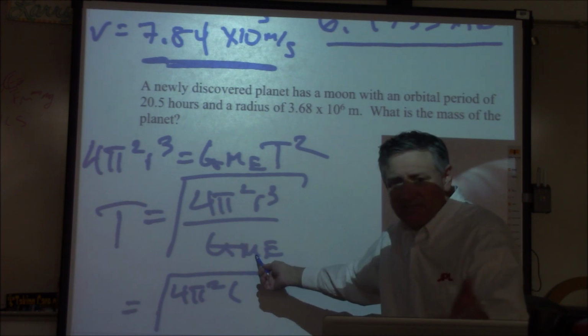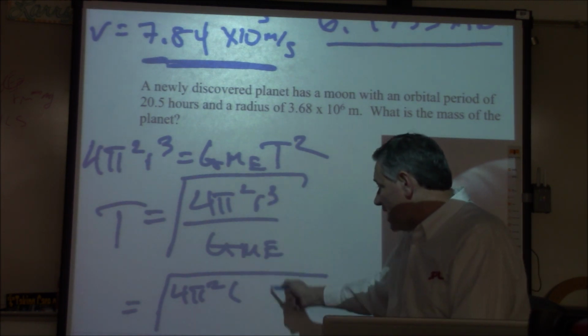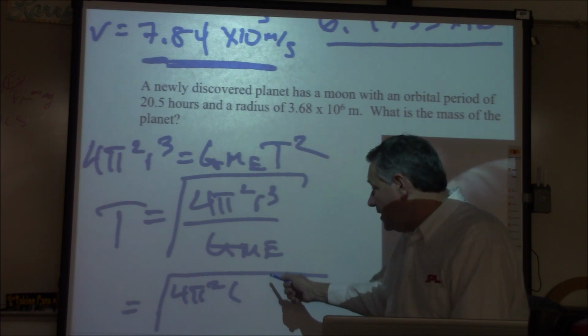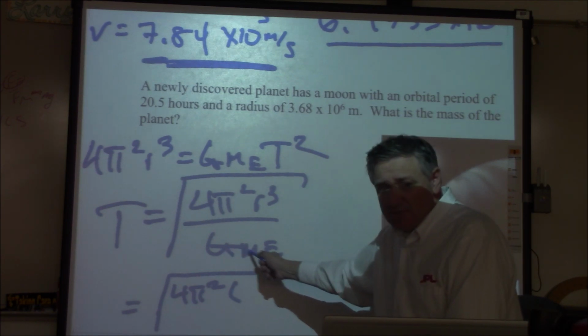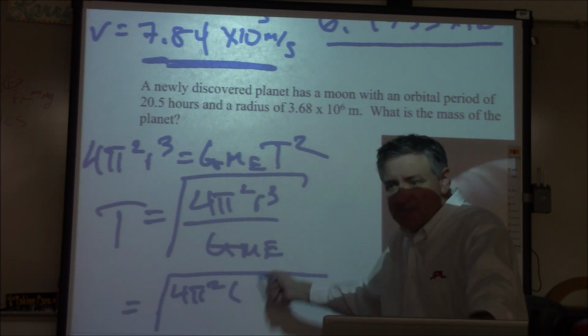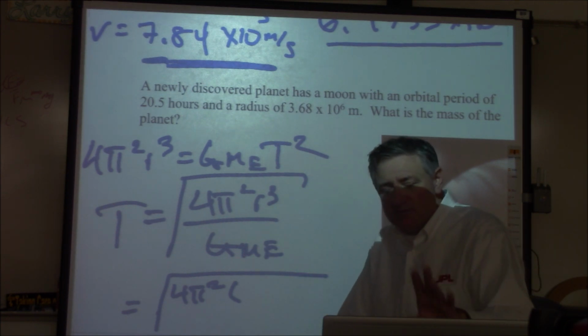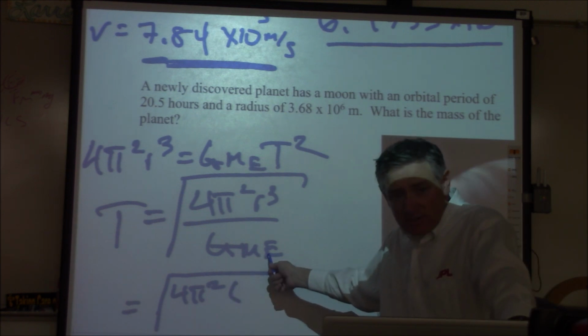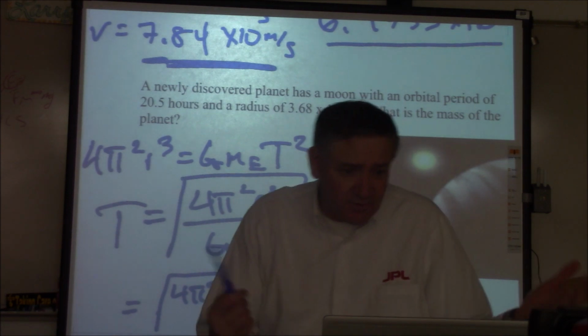If you want to, that's fine. I do want to see what you put in here for the radius, because that's what's going to change. But you don't have to write out these numeric values. I know what big G is. I know what the mass of the Earth is. You can just leave these in terms of these constants, because that's how you have them stored in your calculator anyway.